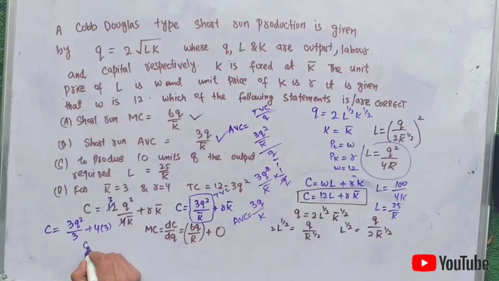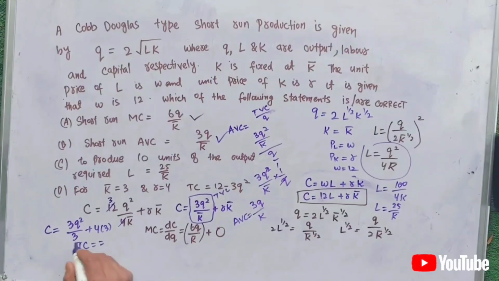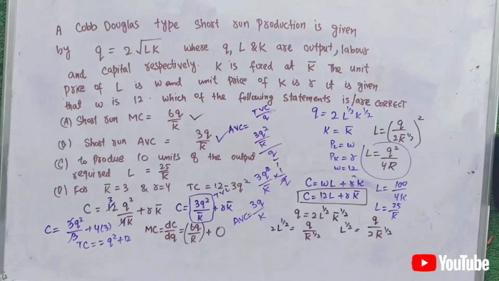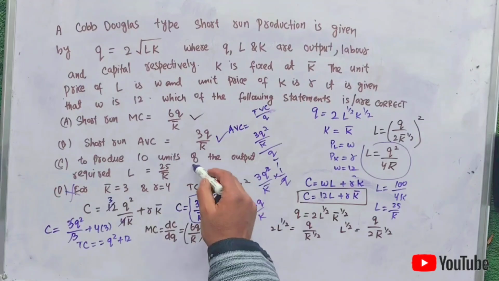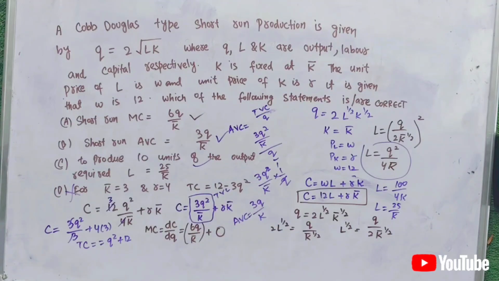So total cost will be equal to, 3 gets cancelled, so we get Q square plus 12. So this option is incorrect. Okay, so the correct options are A, B and C in this question.